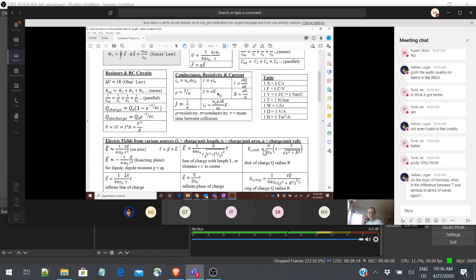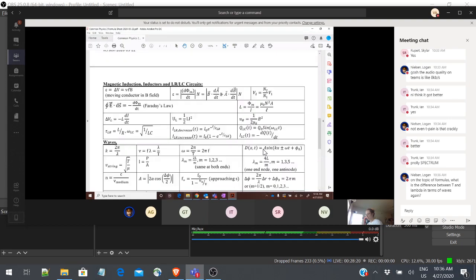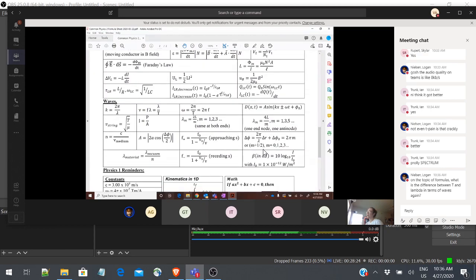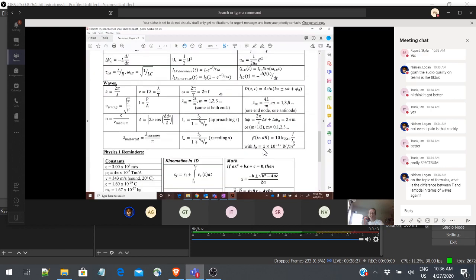So Logan asked about T and lambda. T is period. T is the time it takes, like if you have a string, right? It's the time it takes a point on that string to make one complete cycle and get back to where it started.